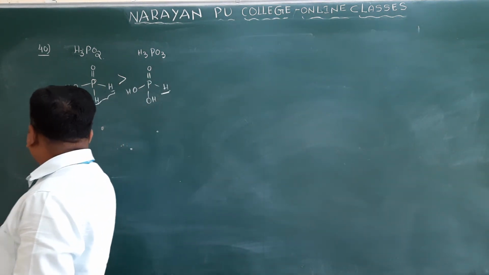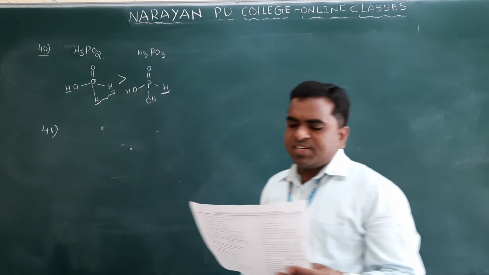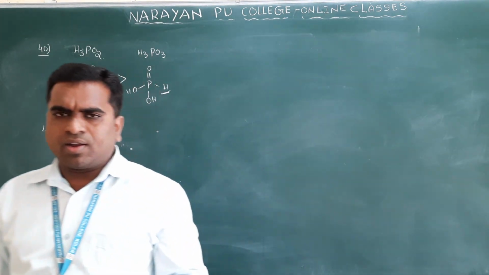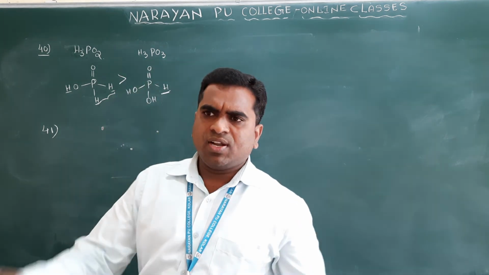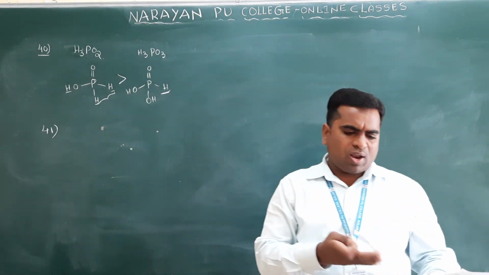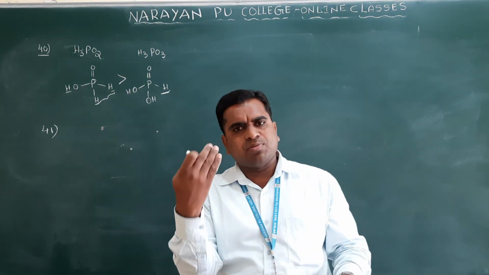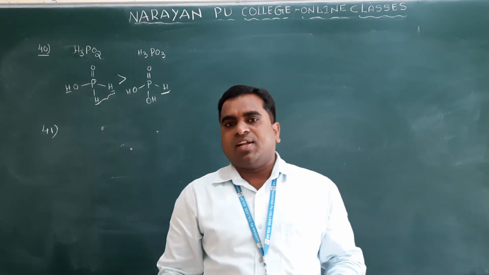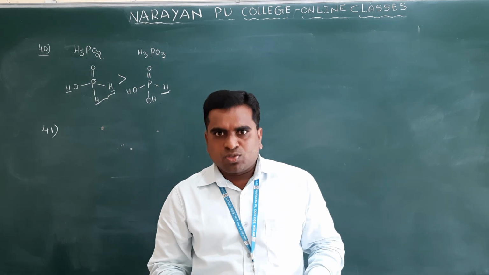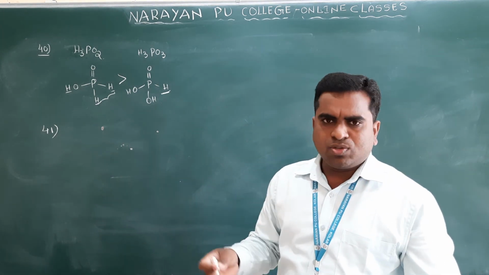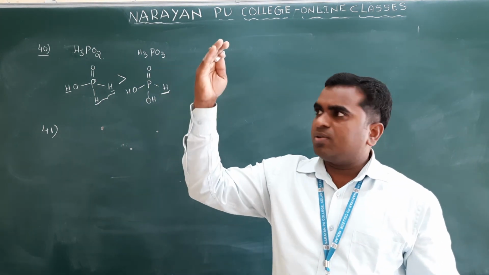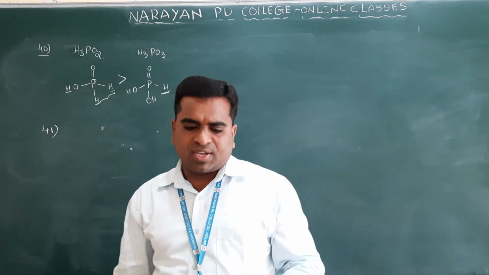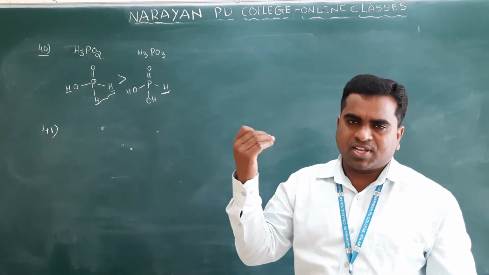Part E1. Acidity of diprotic acids in aqueous solution, increasing in the order. I already mentioned the acidic nature. As the size increases, all are having hydrogens and all can give H plus ions, but which one can give H plus ions very easily? That is the strong acid. As the size increases, the bond between the central atom and hydrogen becomes very weak and easily breaks, so it gives H plus ions very easily.